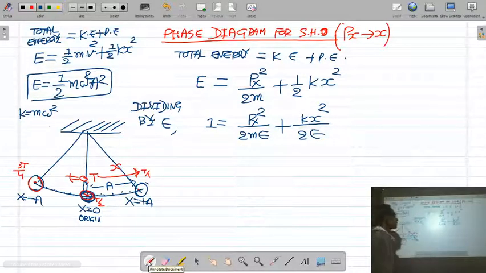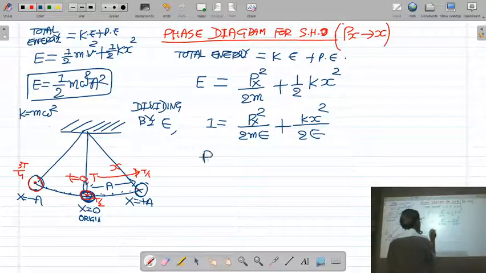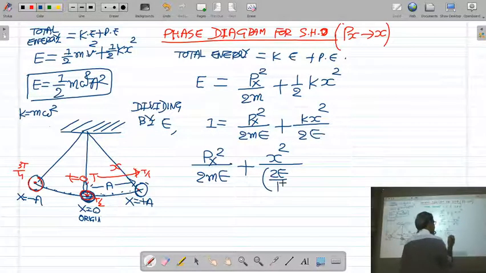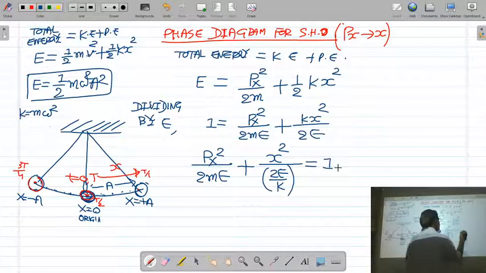So this equation can be written as px square upon 2mE plus x square upon 2E by k, where k is taken in the denominator, that is equal to 1.